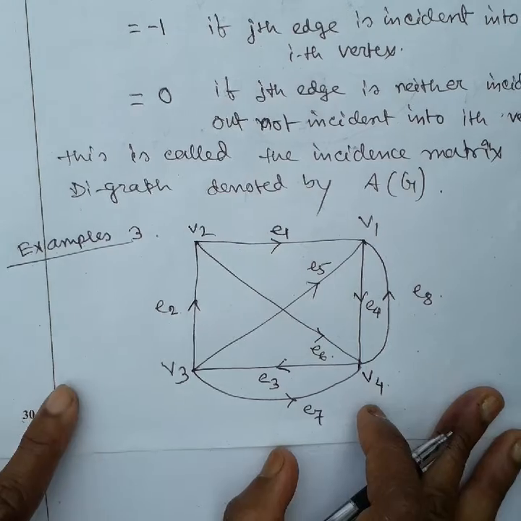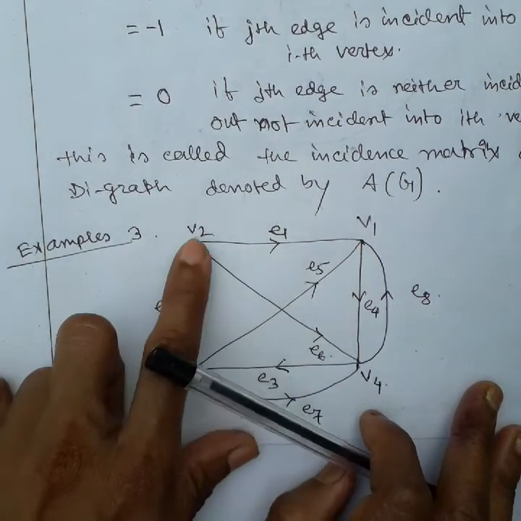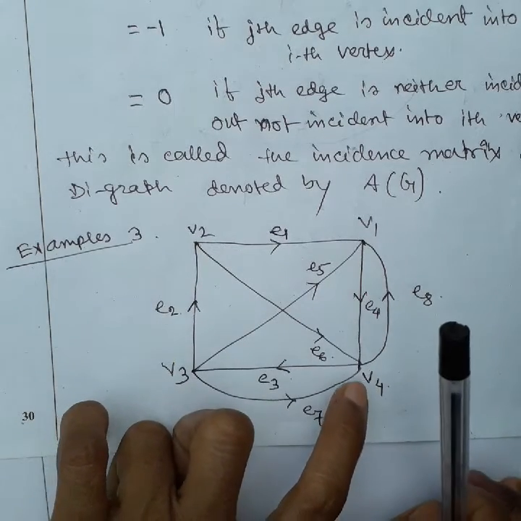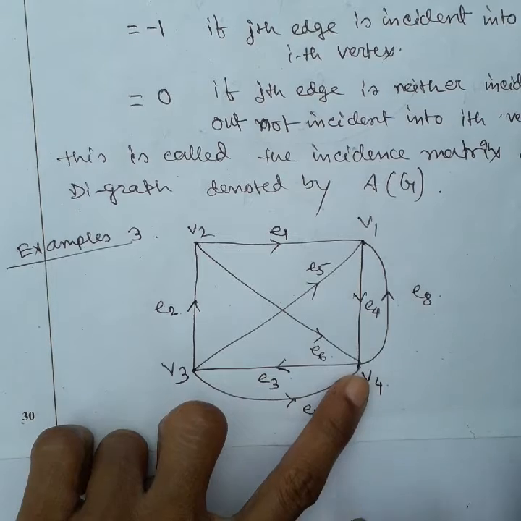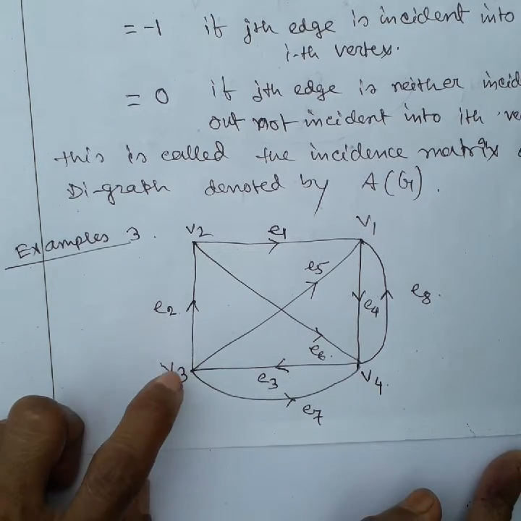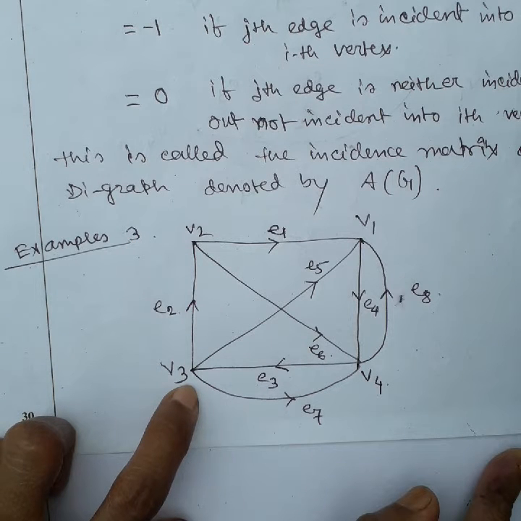Okay, so here E1 is incident into V1 and incident out of V2. Okay, E8 is incident into V1 and out of V4. Okay, and again E2 is incident into V1, out of V3.